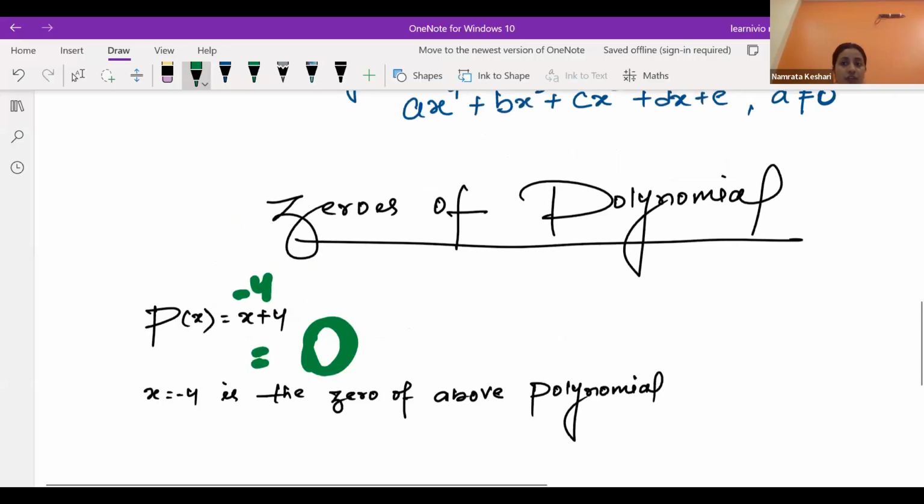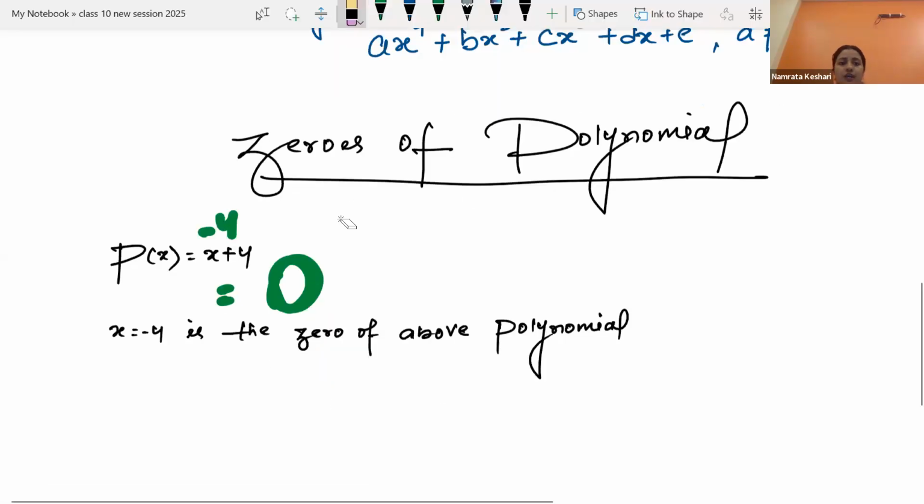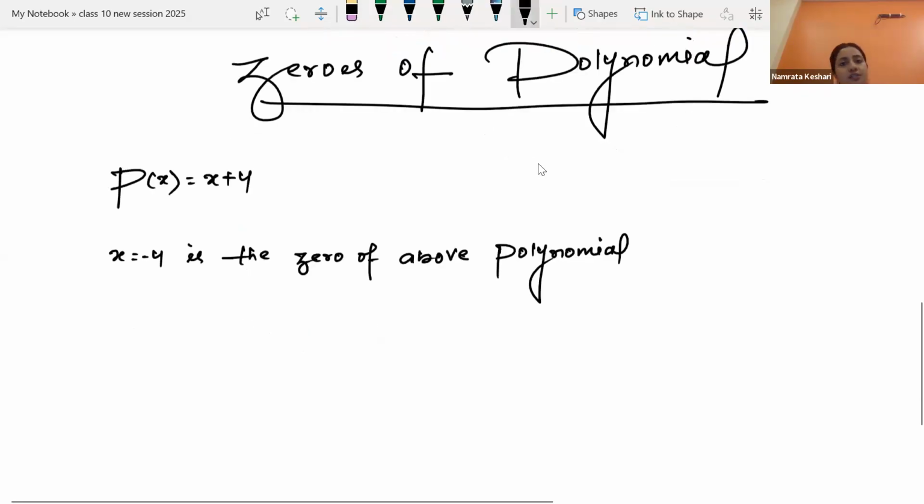Yes, ma'am. Okay, you understand that. The way you have found it is the process of finding the 0. Now in this chapter, a quadratic polynomial will also be given to you, and you have to find the 0 of the given quadratic polynomial. The process is the same. Let me take one example. Suppose our polynomial p(x) is x square.